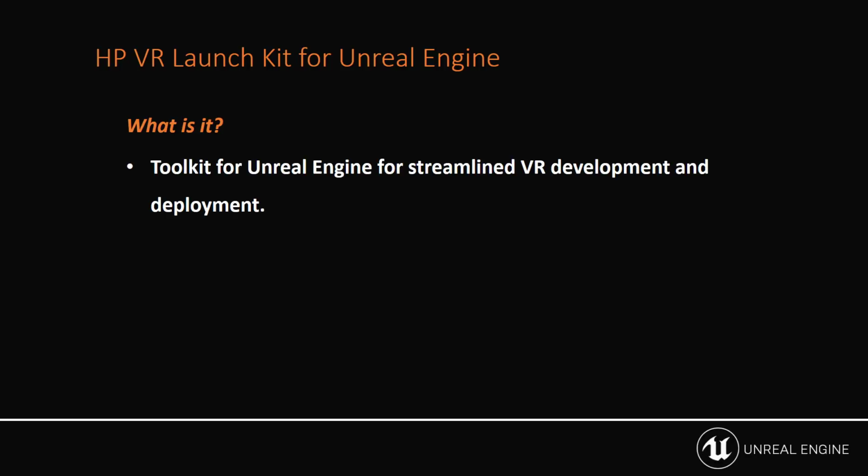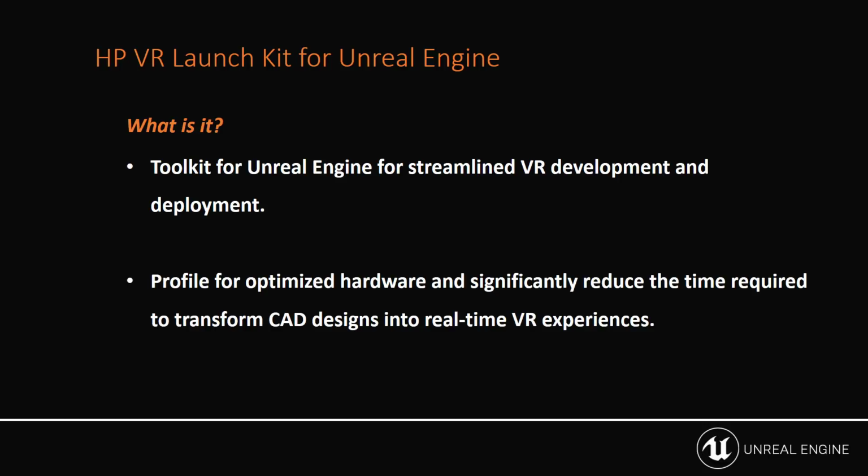So what is it? Well, it's a toolkit for Unreal Engine for streamlined virtual reality development and deployment. And what this gives you is the ability to profile for optimized hardware, which will in the end significantly reduce the time required to transform your CAD designs into real-time VR experiences.